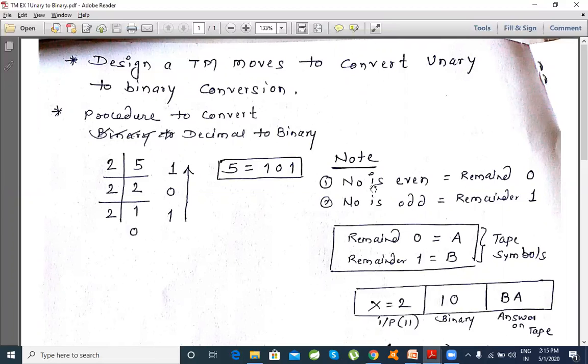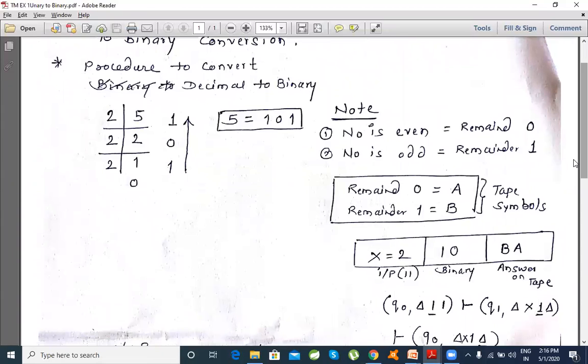Whenever the number is even, we'll write remainder 0. If the number is odd, we'll write remainder 1. So when putting the result onto the tape of the Turing machine, remainder 0 is represented as A, and 1 is represented as B.